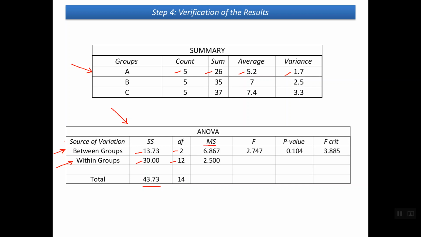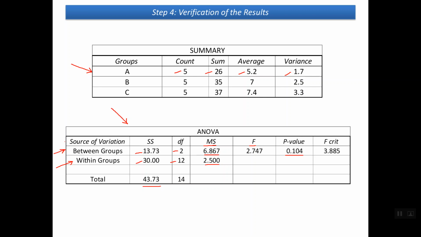This is the calculation of the mean square. This is the calculation of the value F. To calculate F, we simply divide this value by the MS for the error. This is the probability for the calculated F, which is 2.747. And this p-value means that the area in the F distribution to the right of F equal to 2.747 is 0.104.